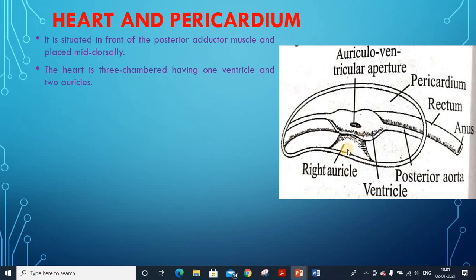The auricles are thin-walled, highly distensible triangular chambers, one on either side of the ventricle.